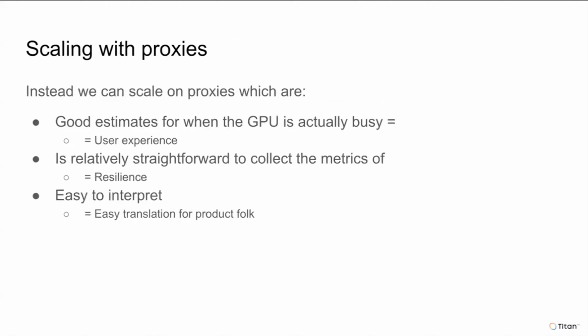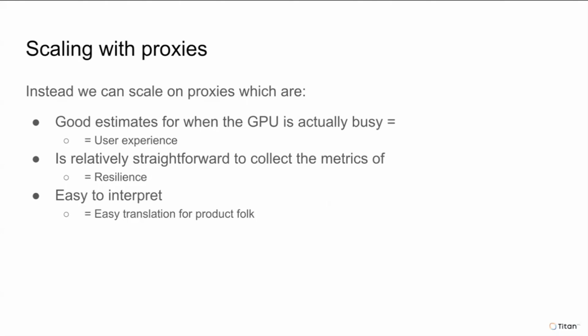So instead of scaling with those other metrics that I talked about, we decided to make our scaling based on proxies. And these are proxies that, in theory, should be really good correlators to what the user is actually experiencing, to what's actually going on in the product. So we want to scale on proxy metrics, which are good estimates for when GPUs are actually busy, which translate to user experience, and which are relatively straightforward to collect.